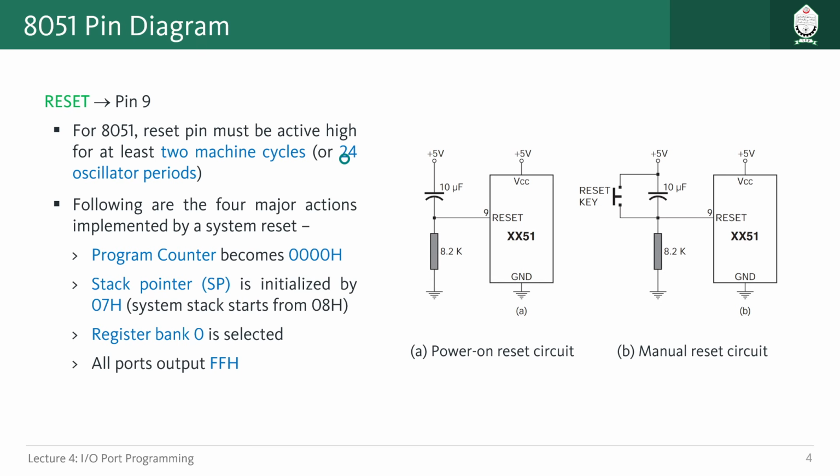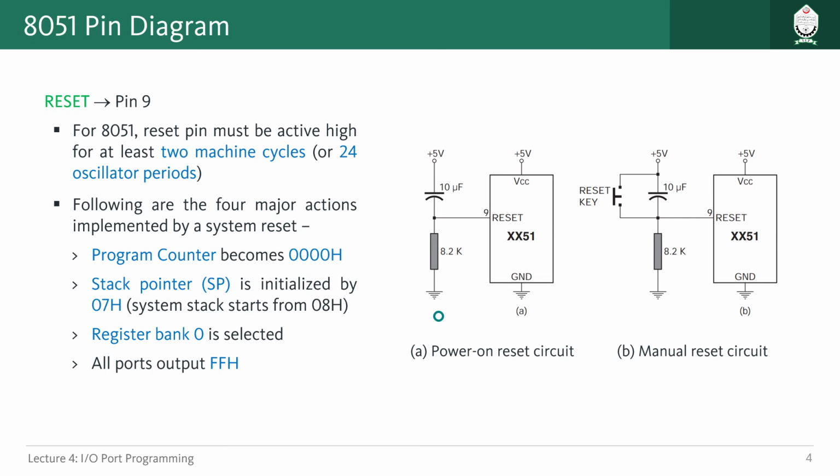That's why we need at least this amount of time, and we have to give 5 volt to that pin for at least that duration so that our microcontroller is properly reset. Now, how do we actually build that reset circuit? You will see we have 2 possibilities here.